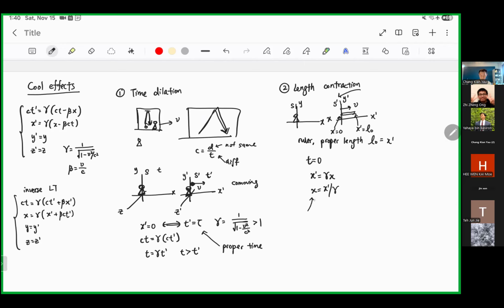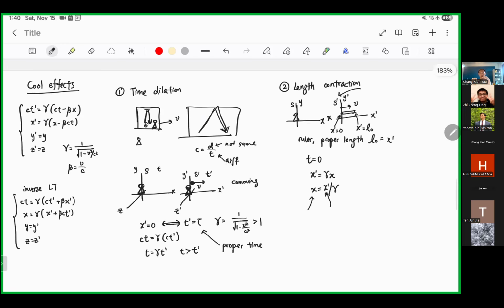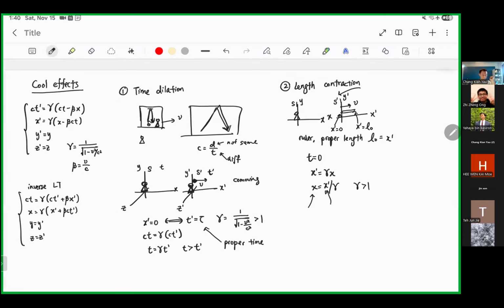So this is the length that I see from my stationary frame, and this is the length that I see if an observer co-moves with the ruler. Gamma is larger than 1, so the length that I see is shortened. So that's length contraction.